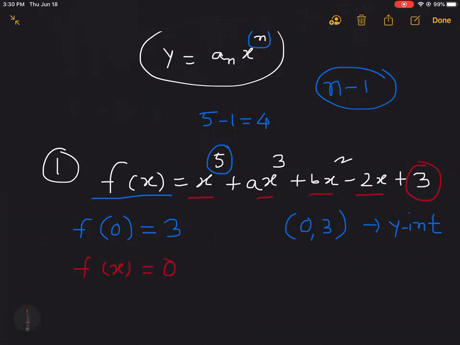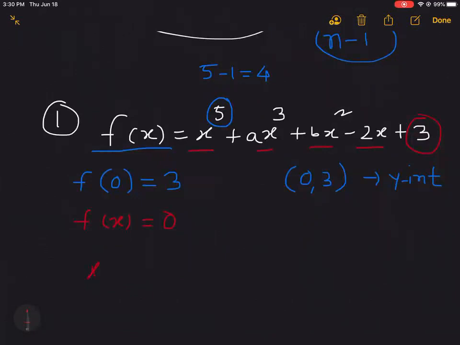And if we solve it for x, we'll get the x-intercept. Okay, let's try that: x to the 5 plus ax cubed plus bx squared minus 2x plus 3.